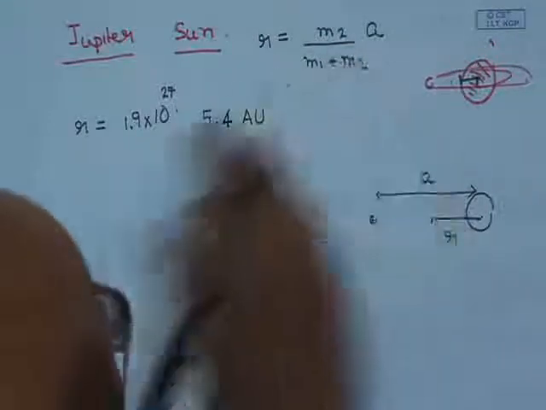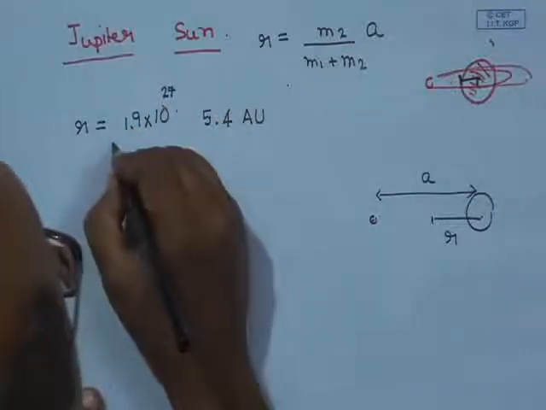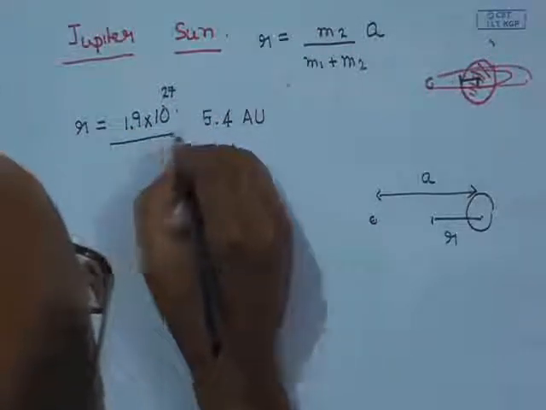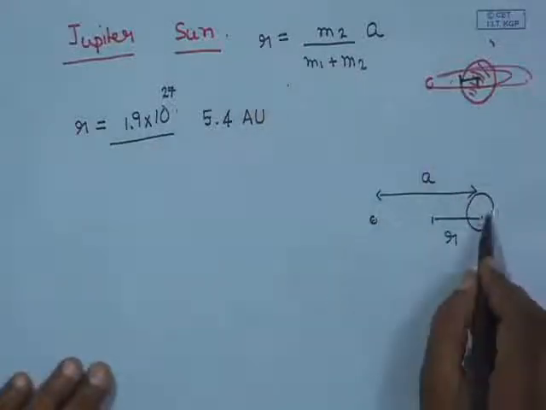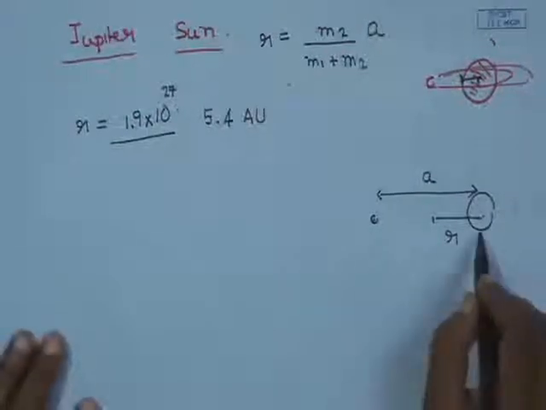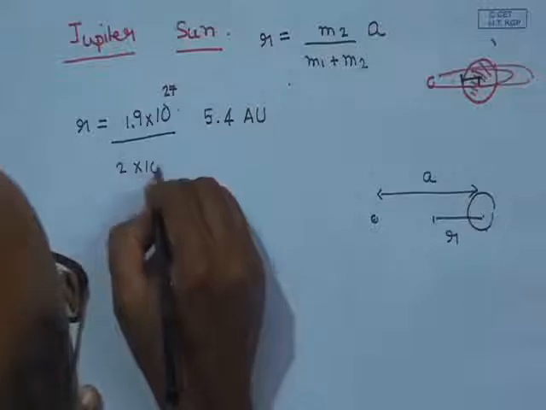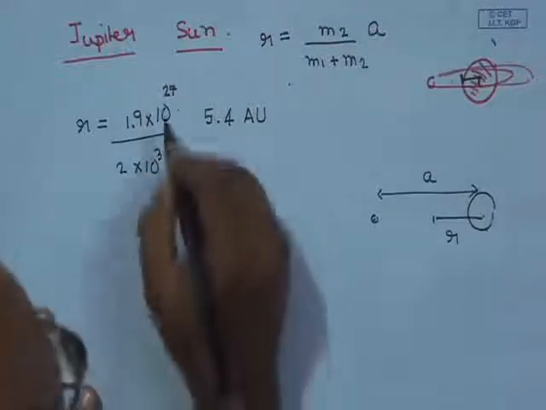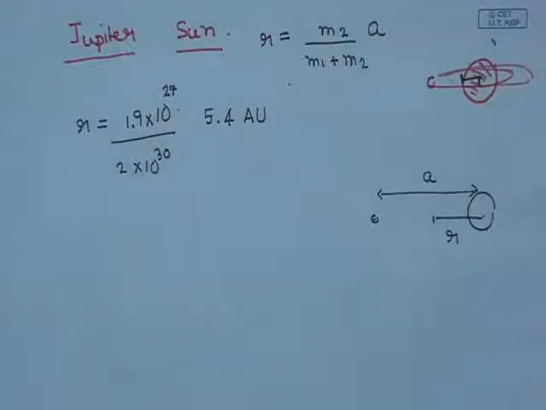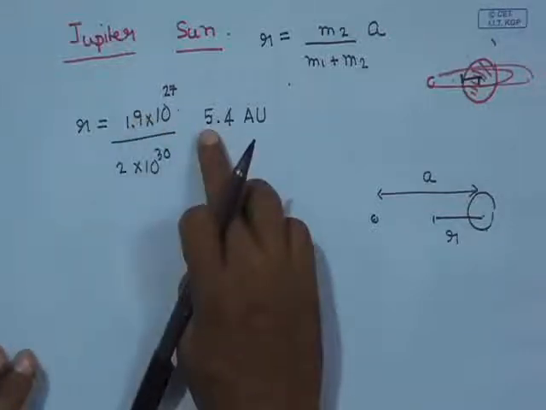The Sun Jupiter distance is 5.4 astronomical units. The mass of Jupiter is 1.9 into 10 to the power 27 kg, and we divide this by the total of the two masses. When calculating the total we can ignore the mass of Jupiter, as it is much smaller. The mass of the Sun is 2 into 10 to the power 30 kg, 1000 times larger. So, this is approximately a factor of 1000 smaller.